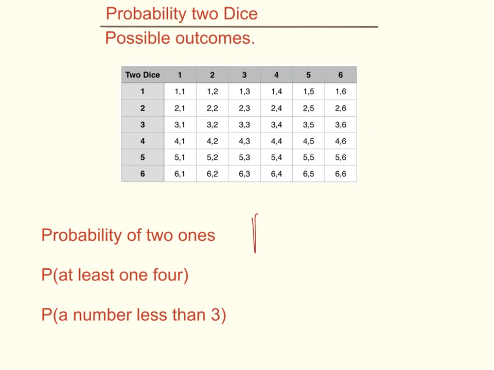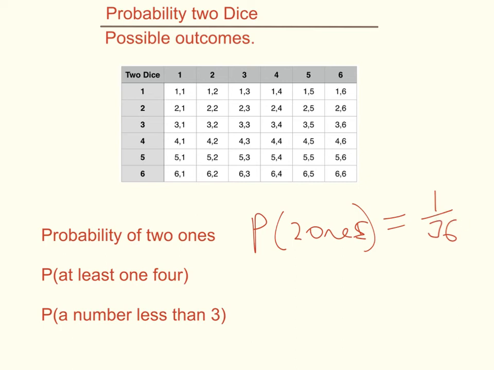So let's have a look at the first one. The probability of getting 2 1s is going to be equal to 1 out of 36. There is only one result that has 2 1s. There are 6 by 6, 36 total outcomes. 1 favourable outcome, 36 possible outcomes.